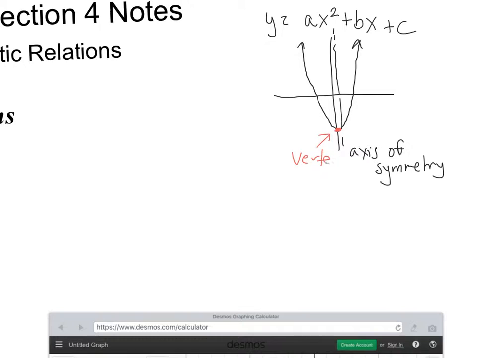Now the parabola could be upside down, so the vertex could be at the top of the parabola. If it looks something like this, then your vertex would be up here, and your axis of symmetry, you'll notice, goes right through that vertex. So it's very important to know these two things, the vertex and the axis of symmetry, to help us graph our parabolas.